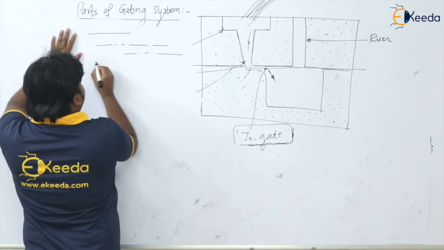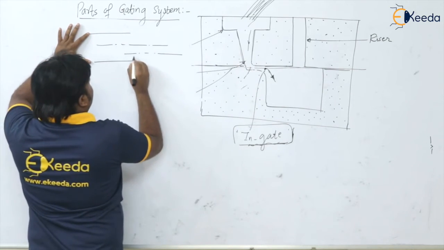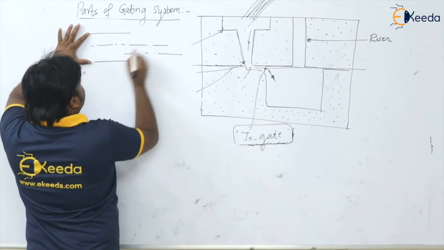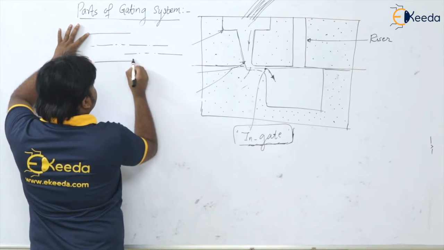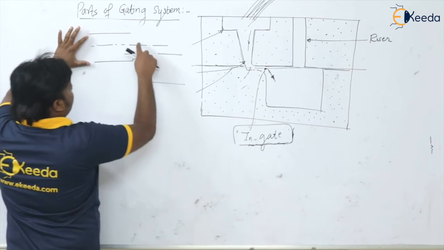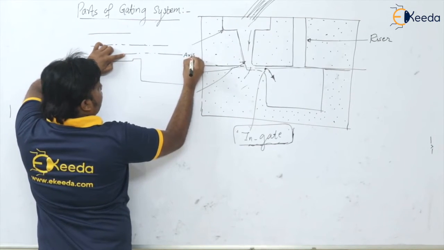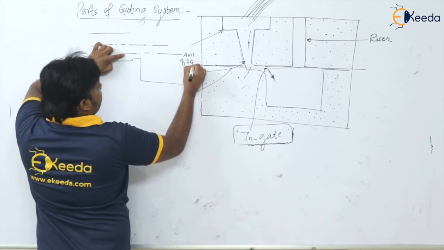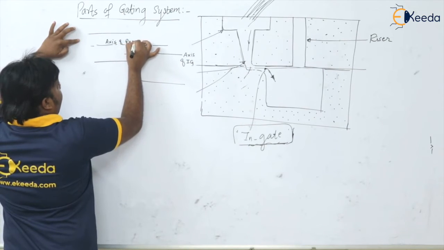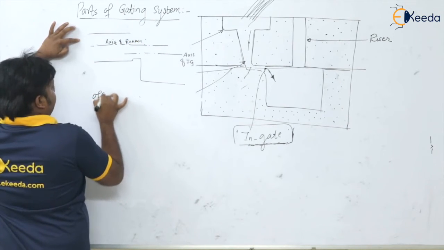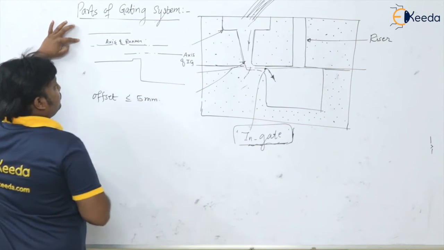Say suppose this is the axis of the runner, then there is generally an offset between it and the axis of the ingate, and this offset is generally less than or equal to 5 mm.